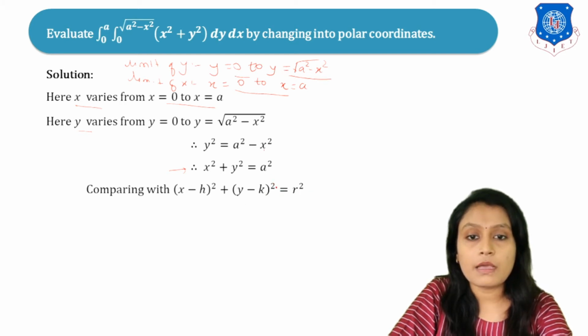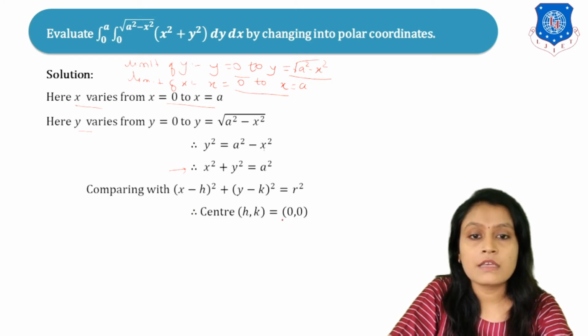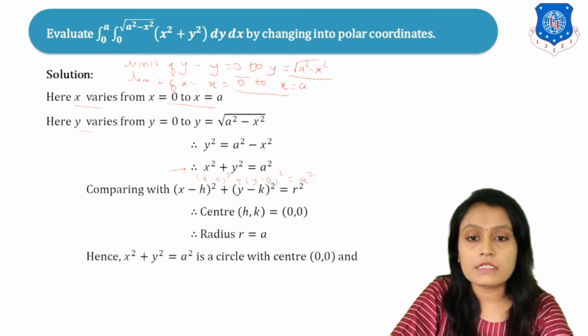On comparison the center h, k is 0, 0, because we can write x minus 0 square plus y minus 0 square equals a square. So the center is 0, 0 and the radius r is a. Okay, next.